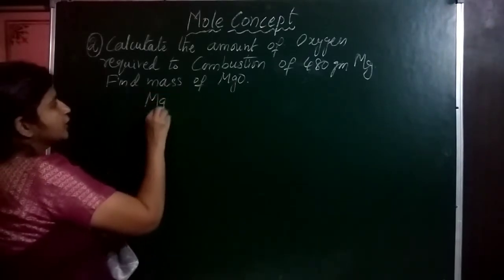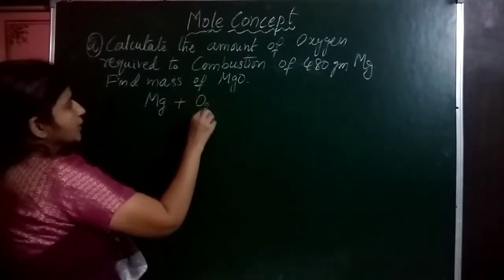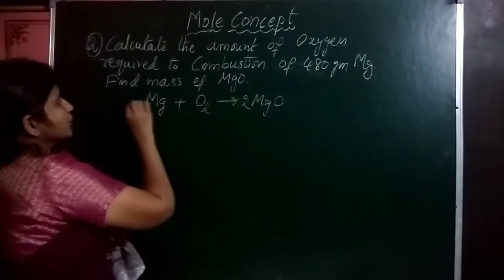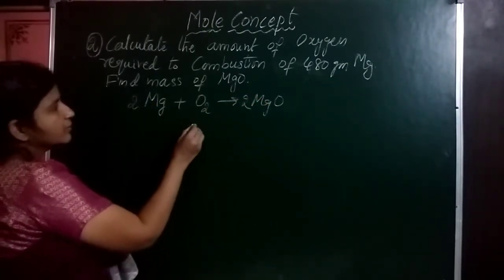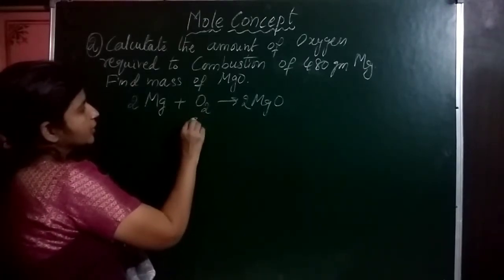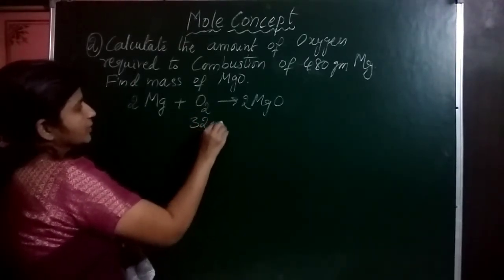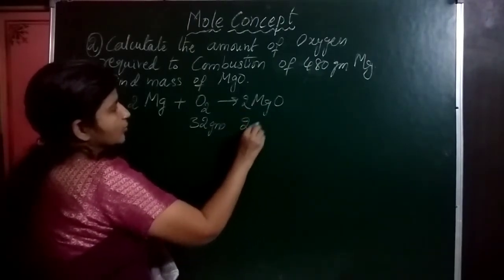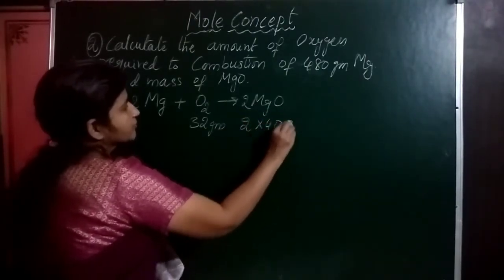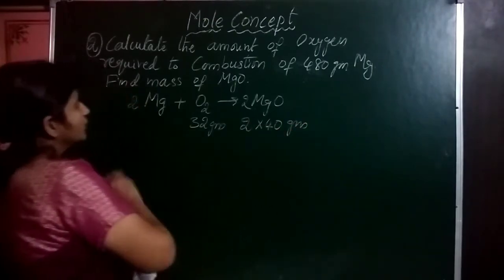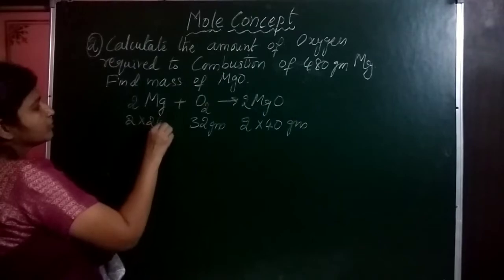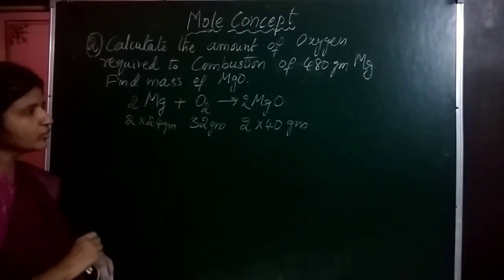This is the equation. 1 mole means 32 grams of oxygen. Magnesium oxide is 2 into 40 grams. Magnesium is 2 into 24 grams.